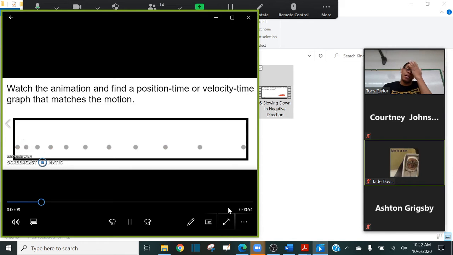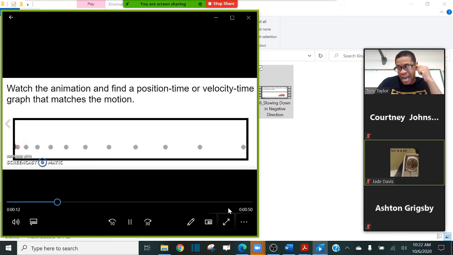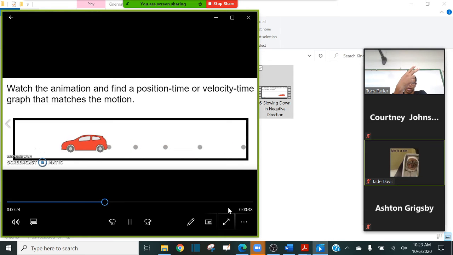What about this motion map here? How would I describe this motion? So if you notice, there are two main things. One, we're moving in the negative direction, and two, we're slowing down. Okay, so if I have to represent this exact same scenario on a position versus time graph, there's two things I better notice.